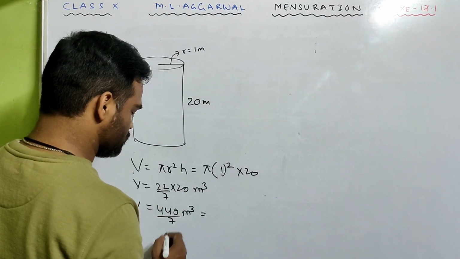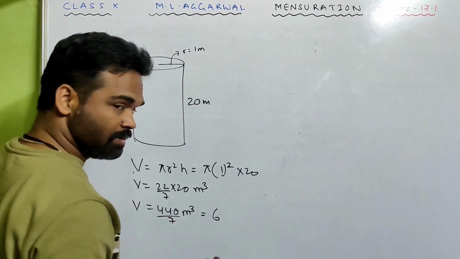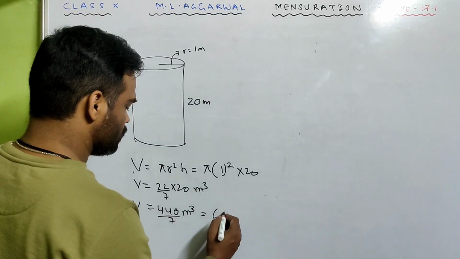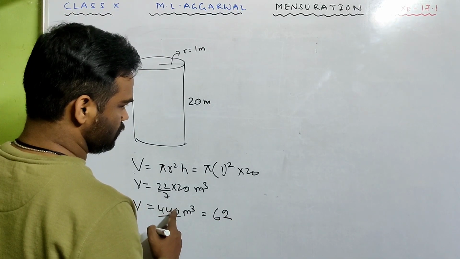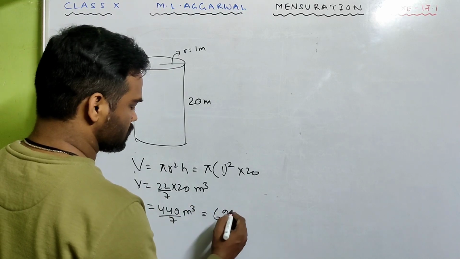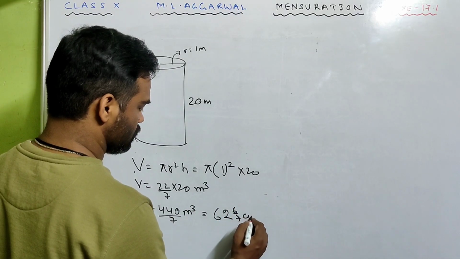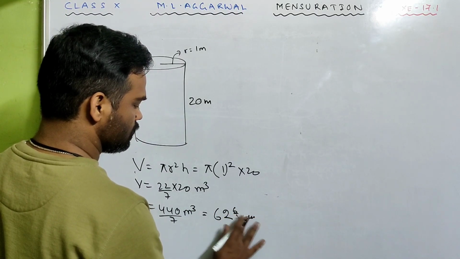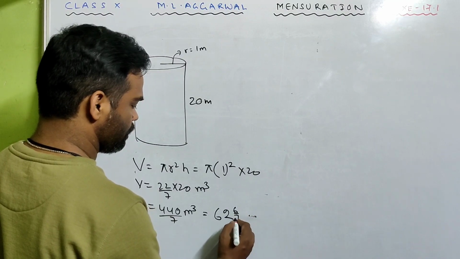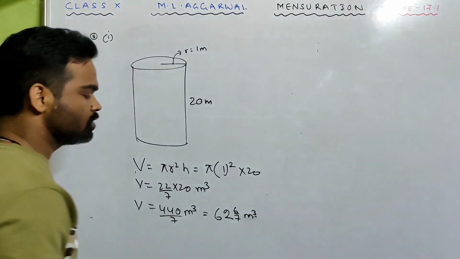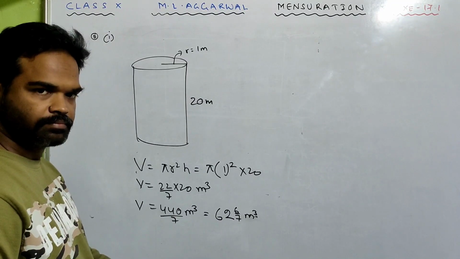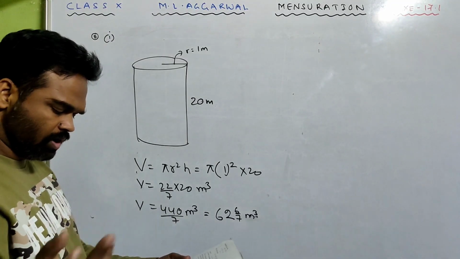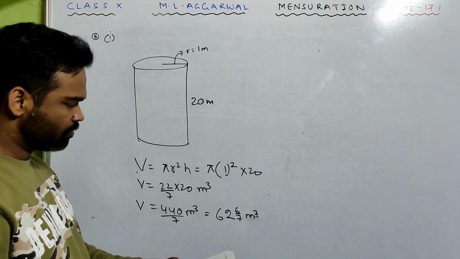Change it to mixed fraction. 6 times gives you 42. 7 2 times gives you 14. Then how much is left? 20, 14, 6. Look carefully. Yes or no? 62, 6 by 7 meter cube. That's the volume of the soil which must be removed.